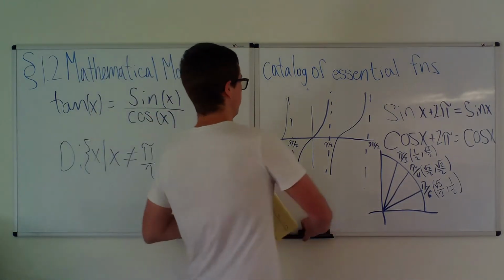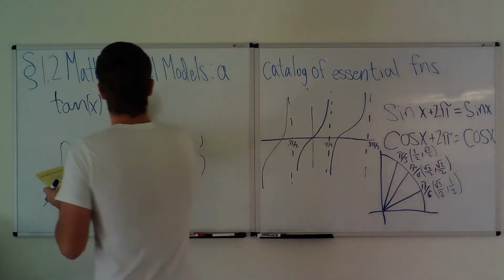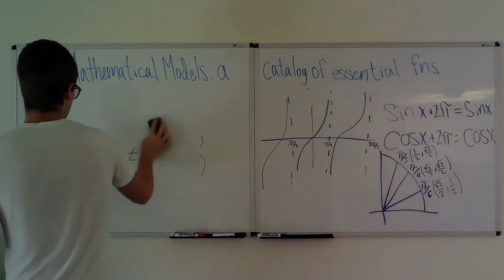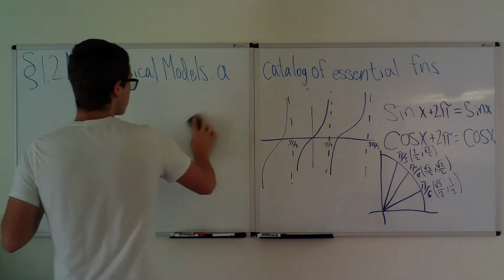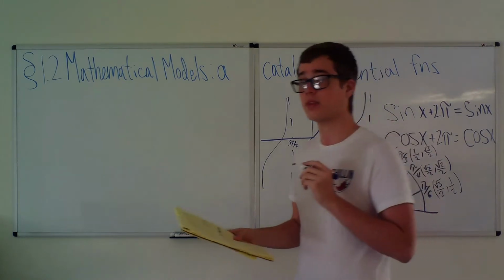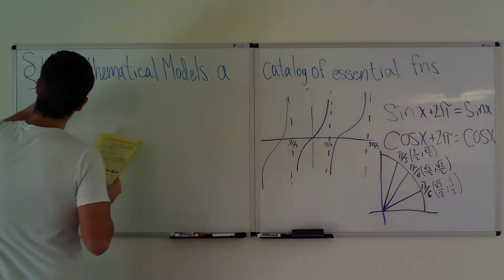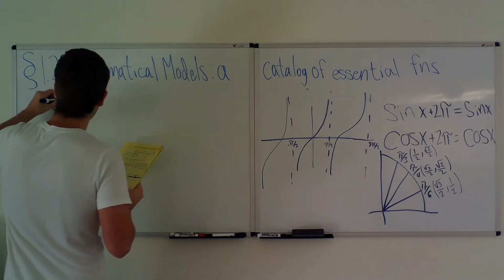Finally, onto exponential functions and logarithmic functions. I'm sure they're everybody's favorite functions. Alright, so exponential functions have the form f of x is equal to b to the x.